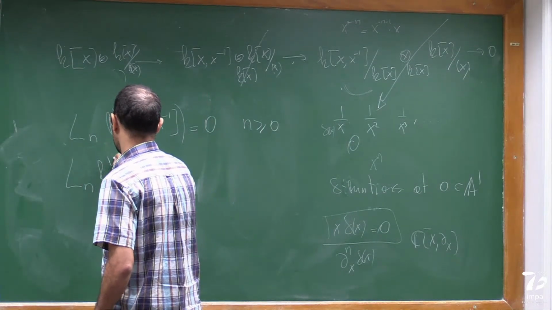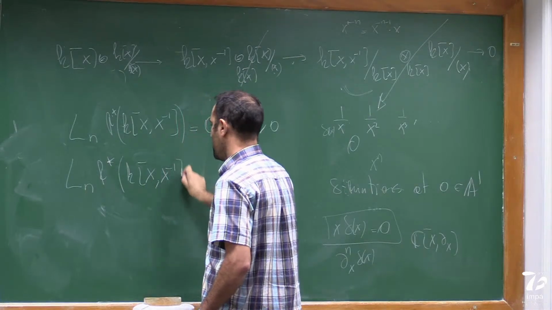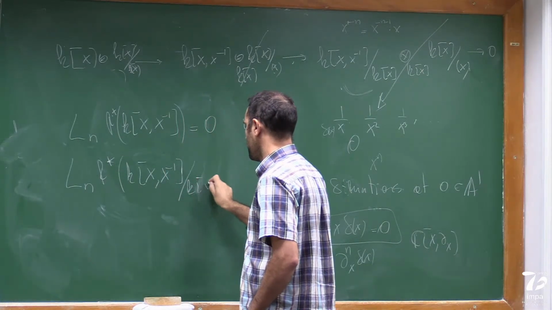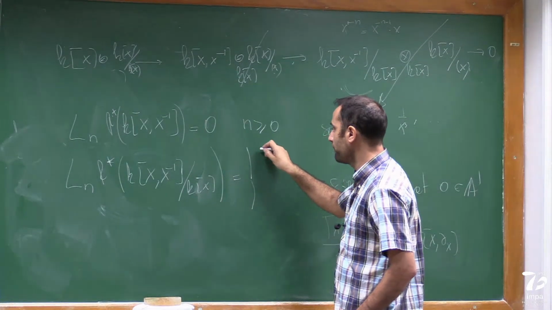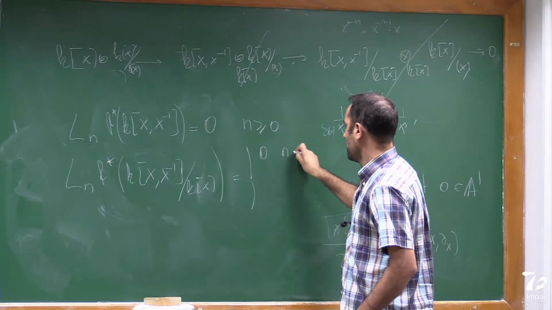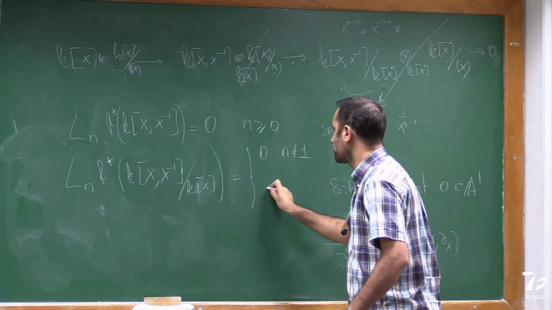Ln pullback of the module of delta functions: this guy is an example where the pullback itself is 0, but the first derived pullback is not.